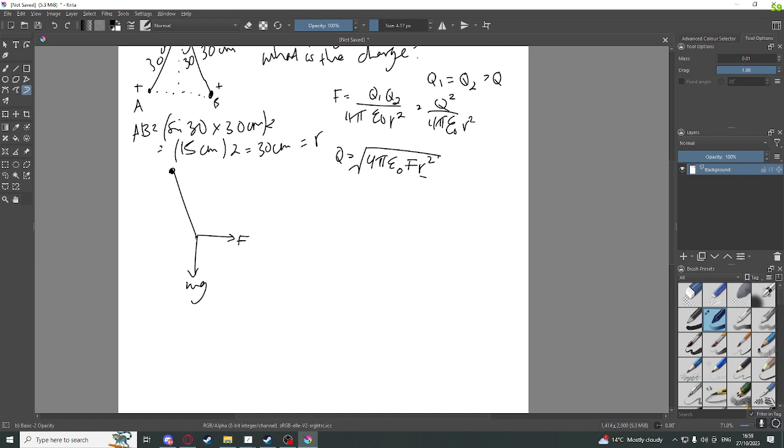And because the point charge is moving tangentially to the pivot, or this peg, or whatever you want to call it, it's moving in a tangent, I want to resolve my forces tangentially. So this angle here was 30 degrees, and if I extended that line, this angle here would also be 30 degrees because of corresponding angles.